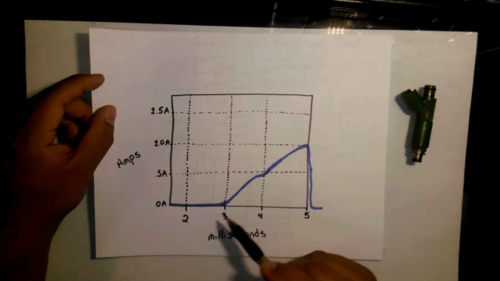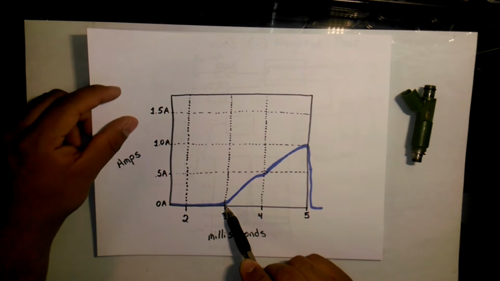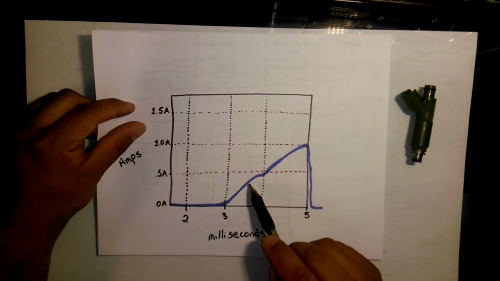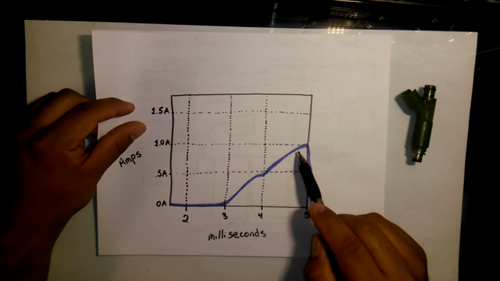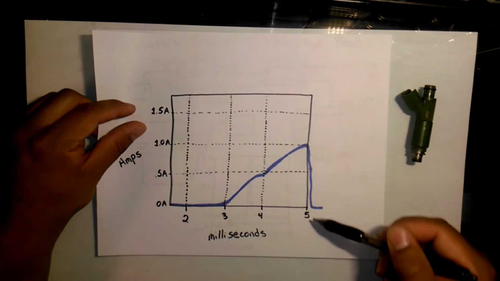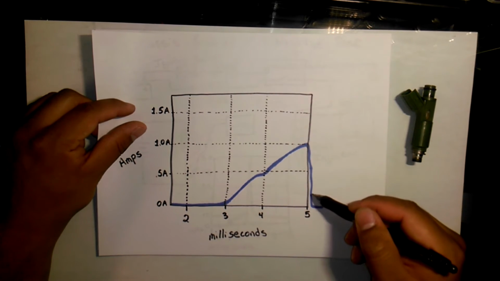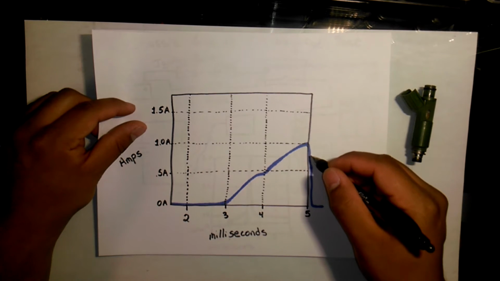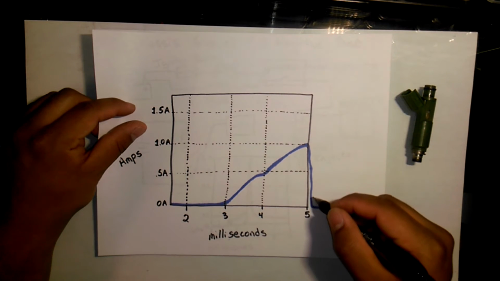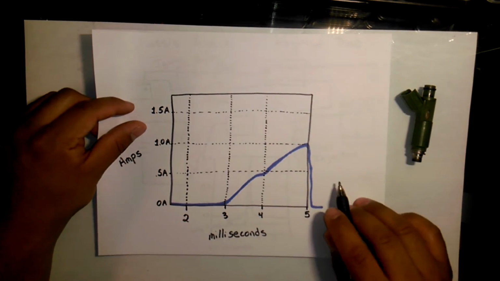If we were to imagine this is when the switch is closed, current slowly ramps up. It slowly ramps up until it gets to this point here at about 1 amp and then suddenly drops down to almost 0. Not immediately, but there is a slight ramp to the dropping of the current back down to 0. It's not immediate. There is a slight ramp.